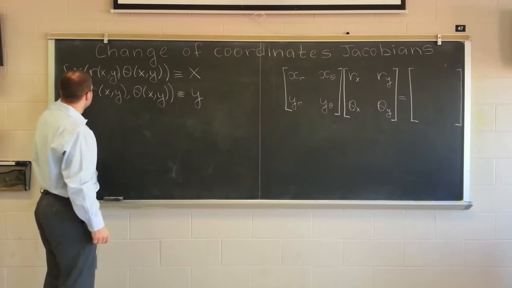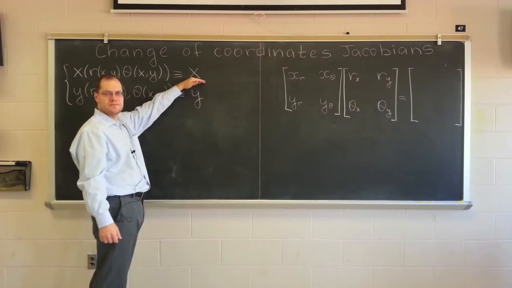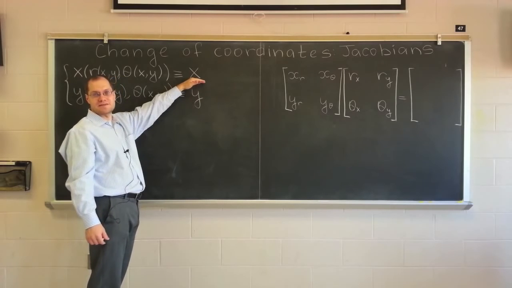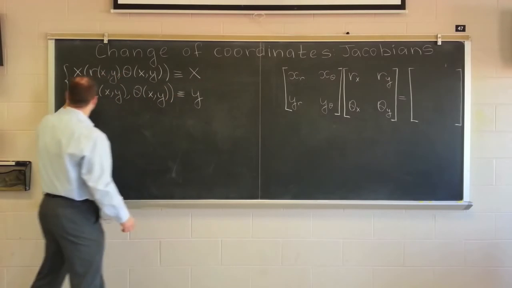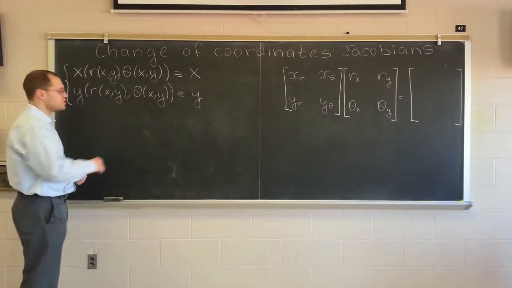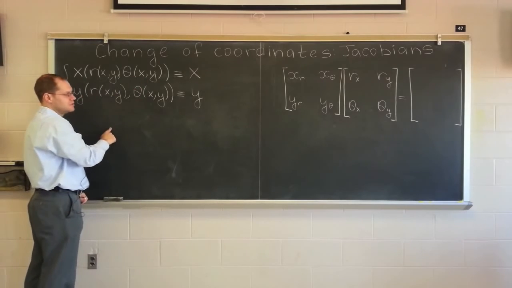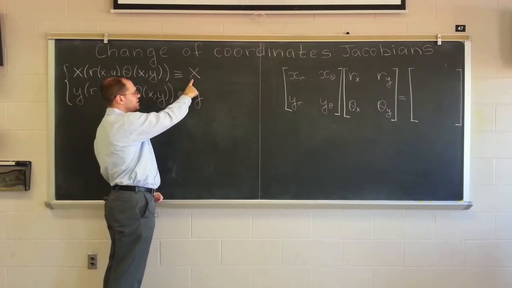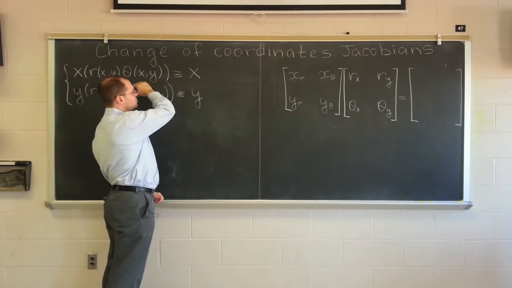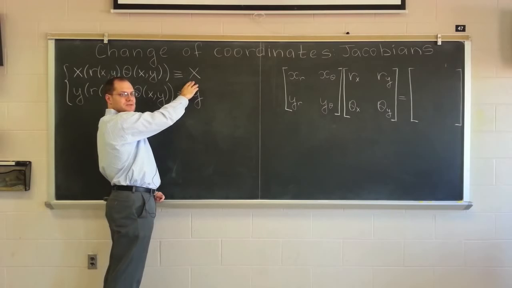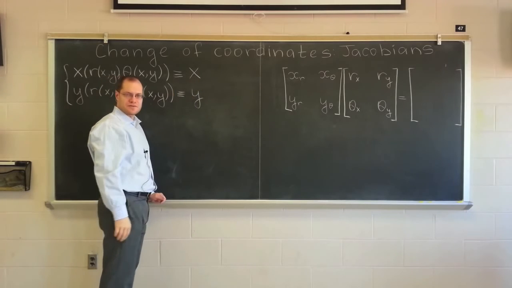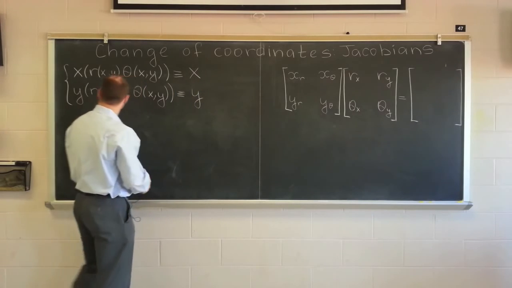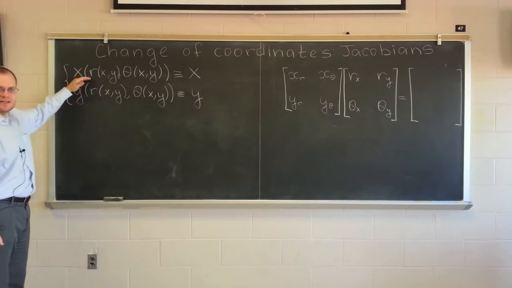So let's first differentiate this identity with respect to x and see what we get. So here's how it's going to go. By the chain rule, well, forget about the chain rule. Let's look at the right-hand side first. So x is the independent variable. So differentiating this identity with respect to x leaves 1 on the right-hand side. It's a good start. Let's see what we get on the left-hand side.